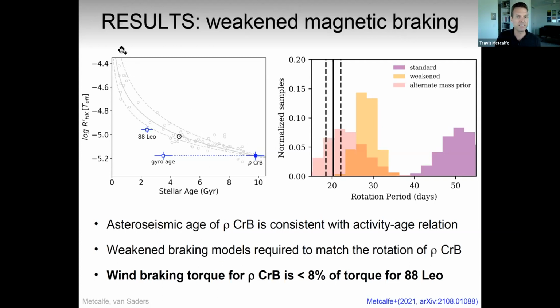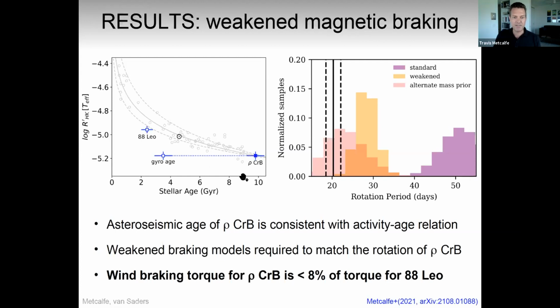In the background here is the activity-age relation for a sample of solar analogs from Lorenzo Oliveira and collaborators in 2018. You can see this is the gyro age for 88 Leo and the asteroseismic age for Rho CrB, and they fall reasonably close to that activity-age relation. If instead you adopt the gyrochronology age for Rho CrB, it's a significant outlier. So the asteroseismic age is perfectly consistent while the gyro age is not.